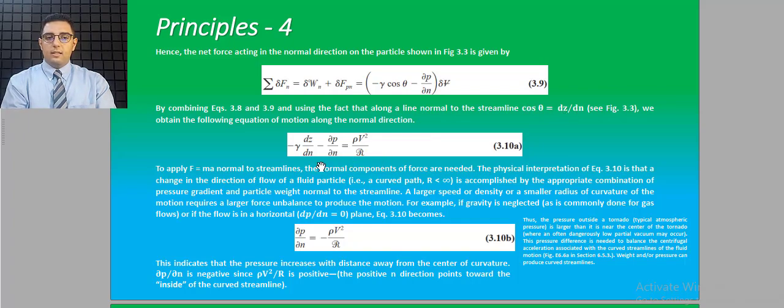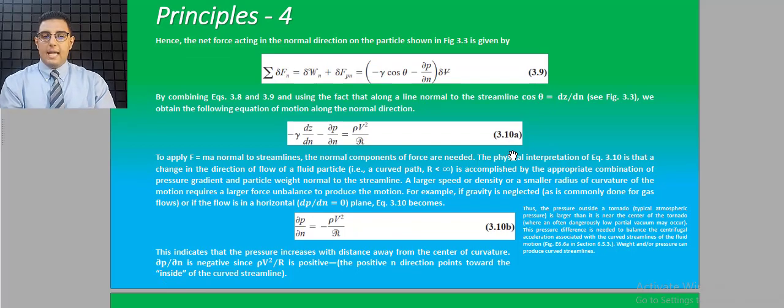By just replacing it, we have equation 3.10a. As you already see, the net force along the normal line is the combination of the pressure gradient as well as the weight force along the normal line.